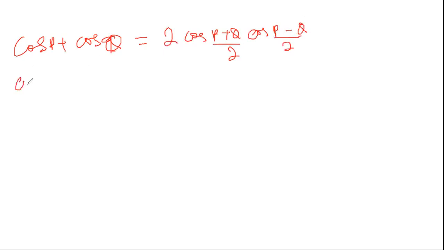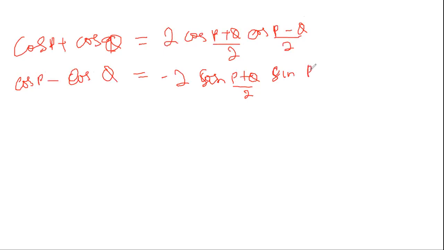Then we have cos of P minus cos of Q, and this one is negative 2 sine of (P plus Q) divided by 2, then sine of (P minus Q) divided by 2. So those are the ones for cos.